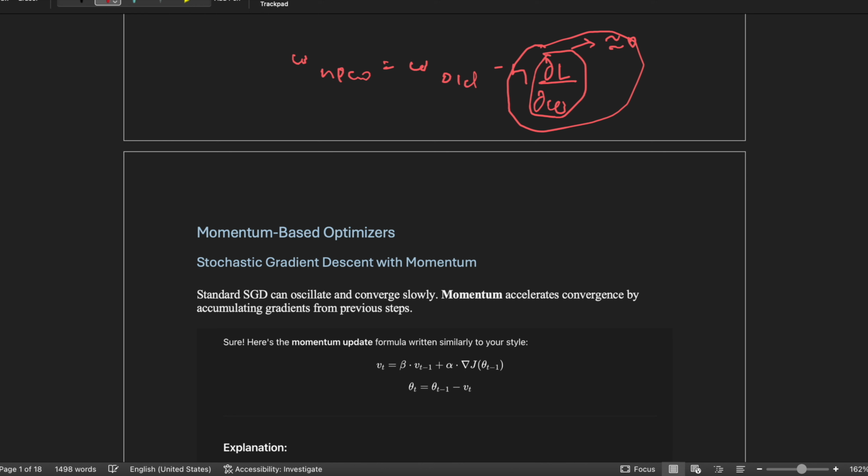After subtracting, W old minus eta dL by dW is not giving any better weight. That's why it's becoming tough to converge, and that's why we are getting some final value.